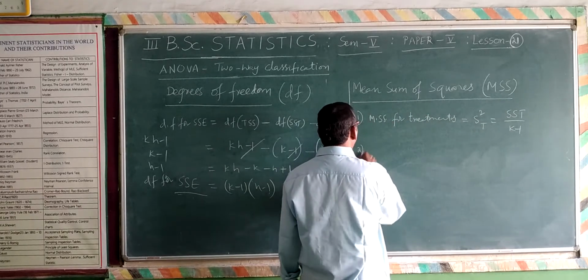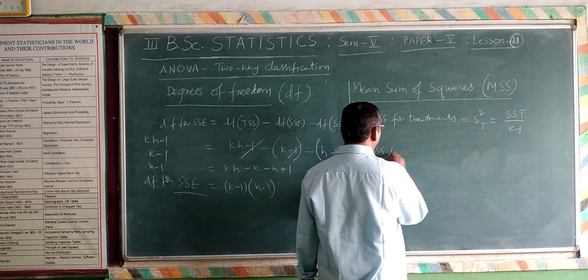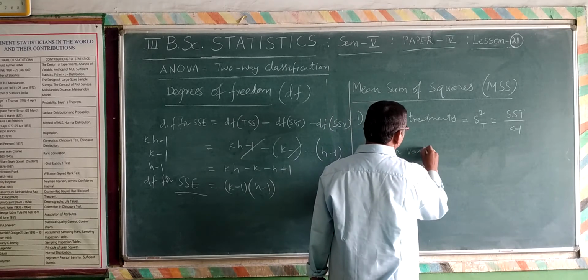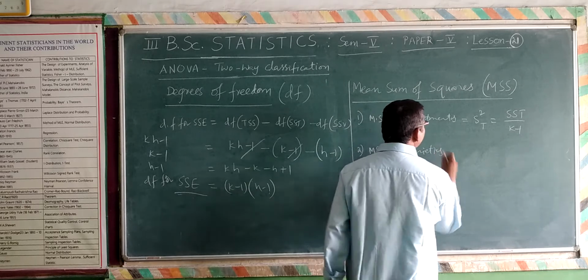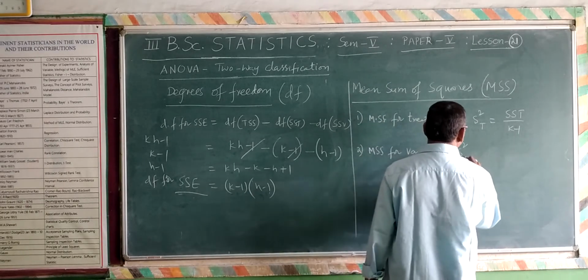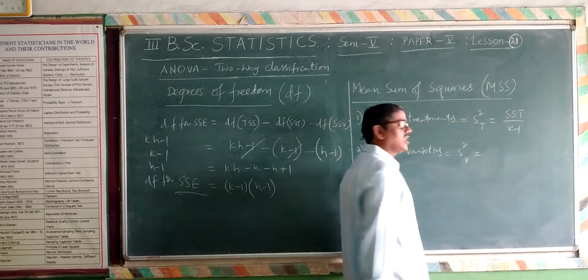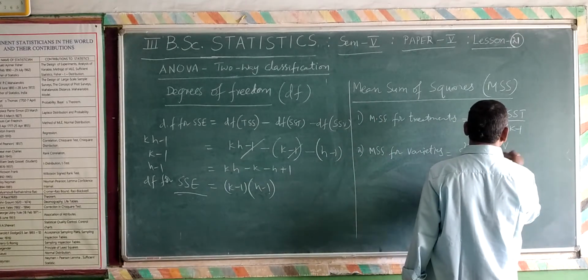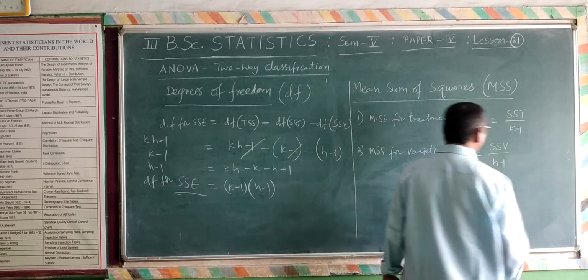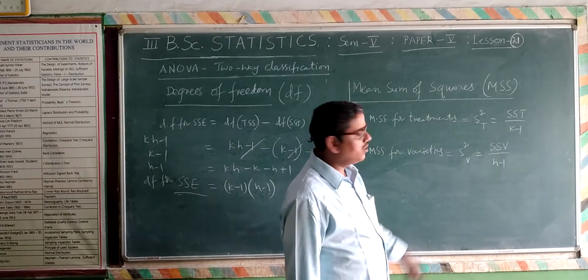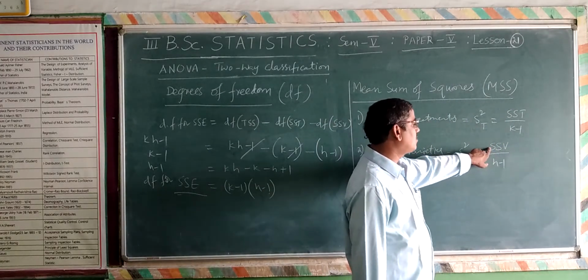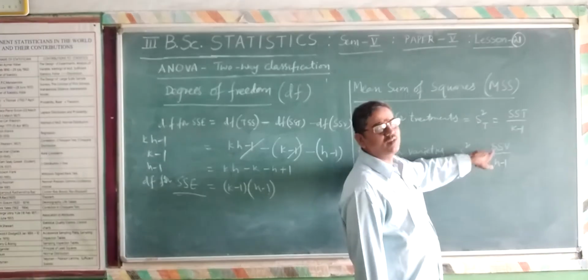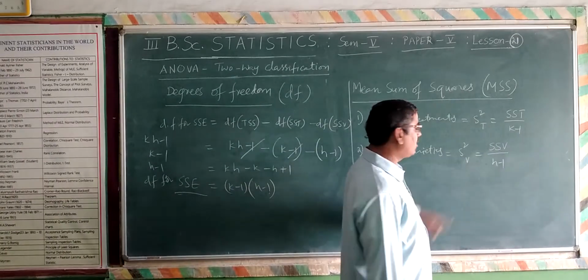The second formula is the mean sum of squares for varieties, which I am calling S square V. The formula is SSV divided by h minus 1, since h minus 1 is the degrees of freedom for varieties and the sum of squares is SSV.